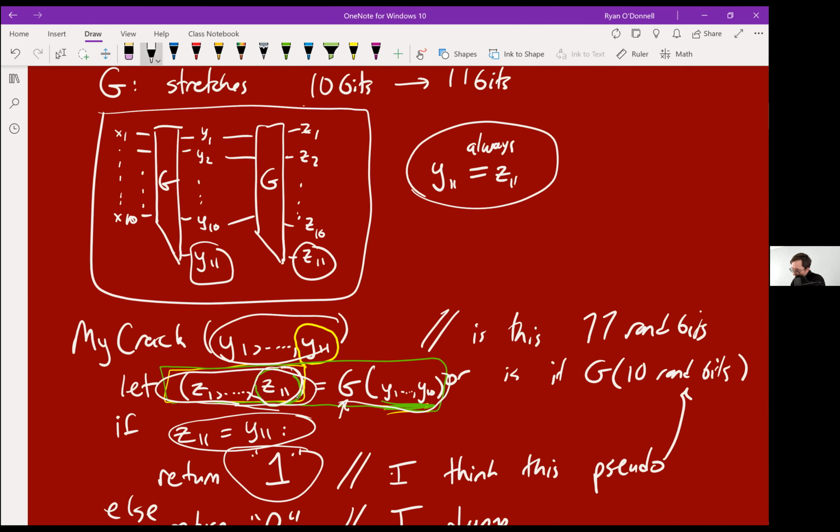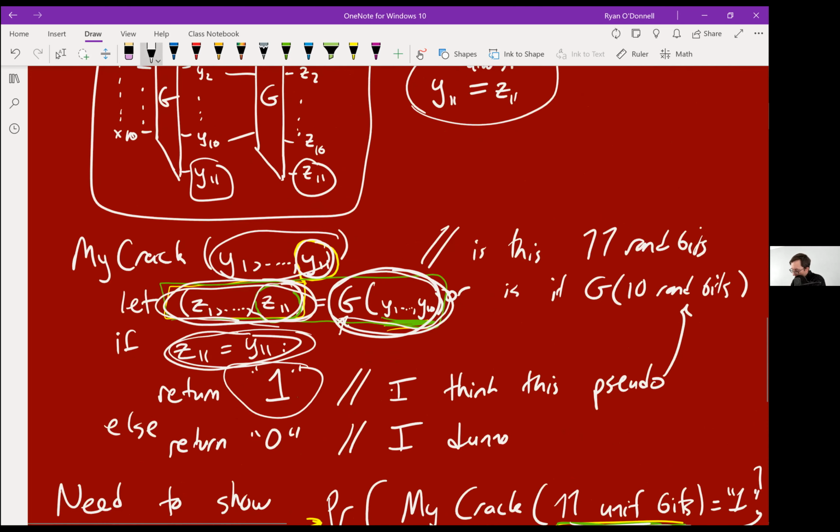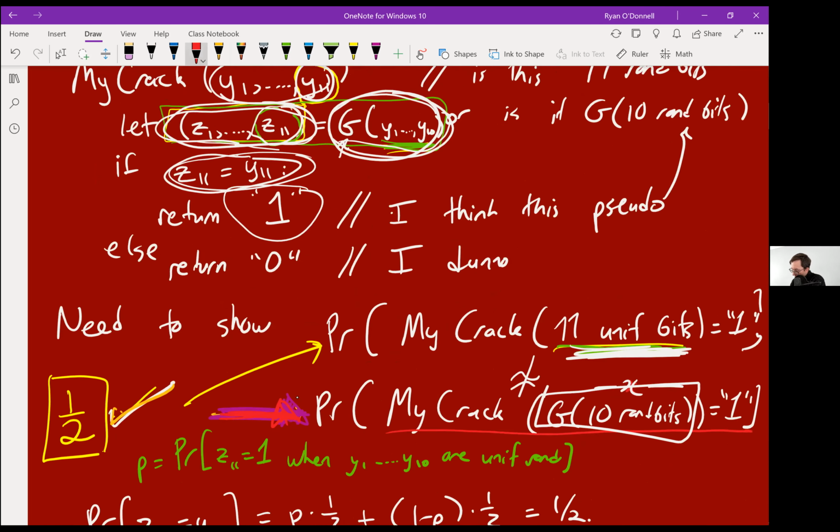Then you save Y11 and plug Y1 through Y10 into G again, and you get Z1 through Z11. The security flaw we're hypothesizing is that Z11 is always equal to Y11. So you're right, this is exactly 1. And then we're like, hey, we broke it.